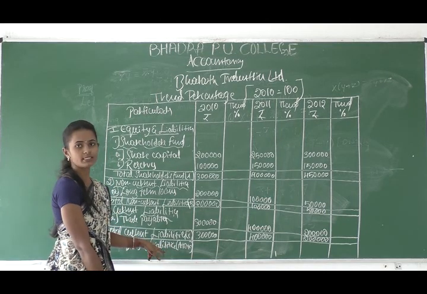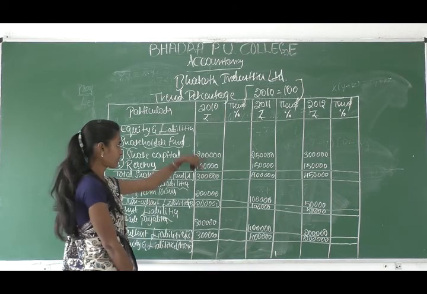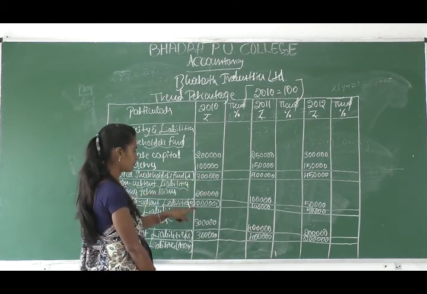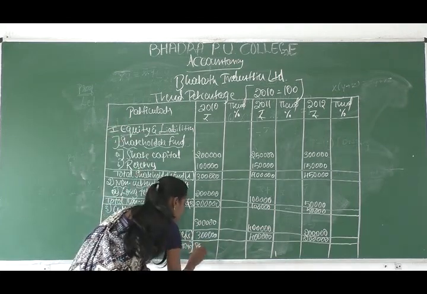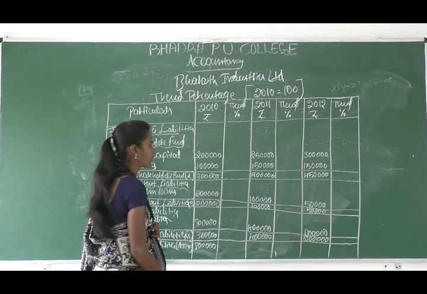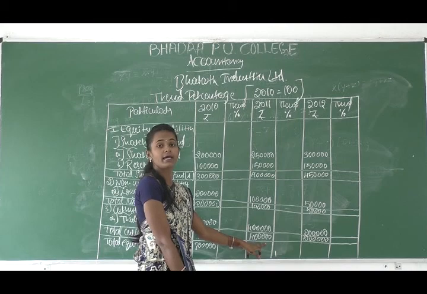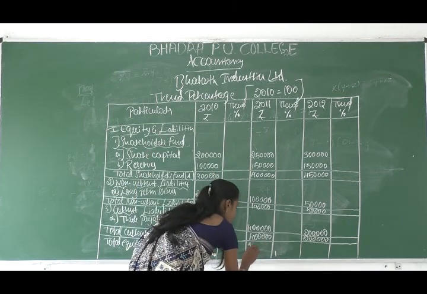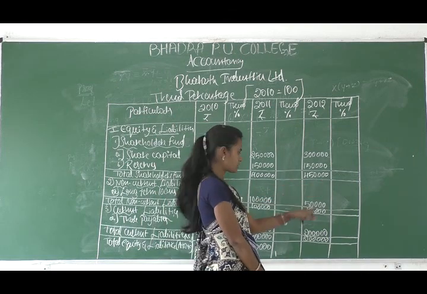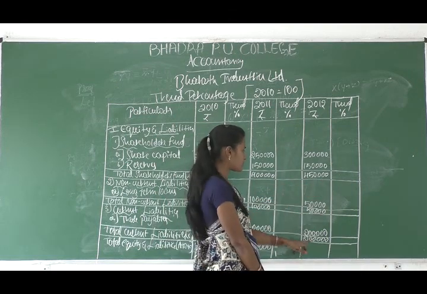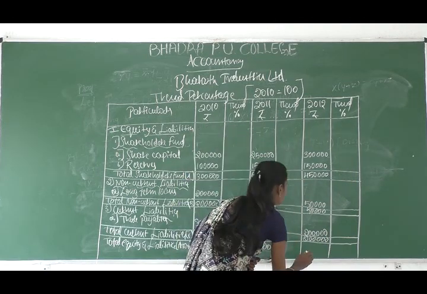If we add all these three, we will get our total equity and liabilities. In 2010, 3 lakh plus 2 lakh plus 3 lakh is 8 lakh. Here 4 lakh plus 1 lakh plus 4 lakh is 9 lakh. And here 4,50,000 plus 50,000 plus 2 lakh, the total is 7 lakh.